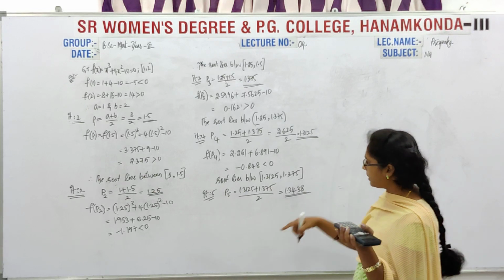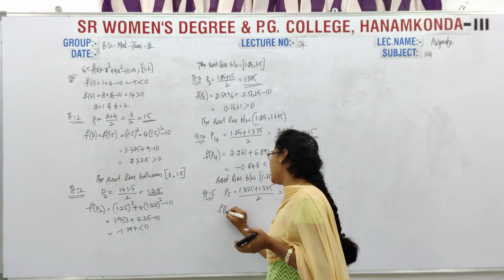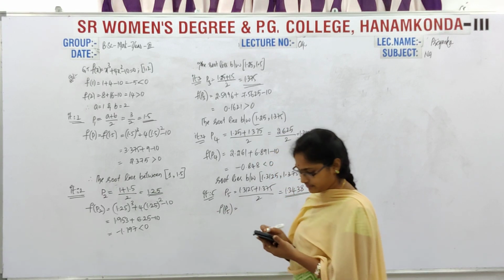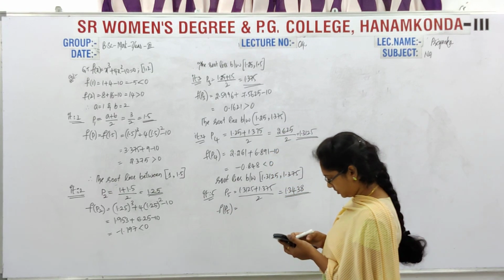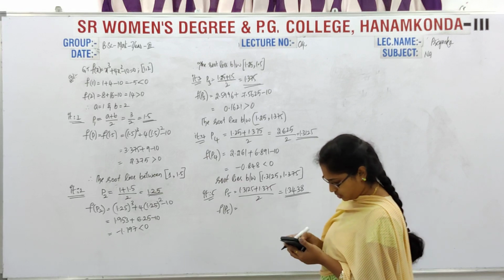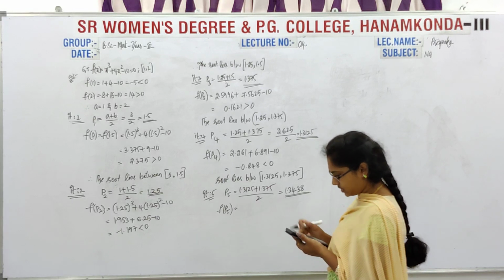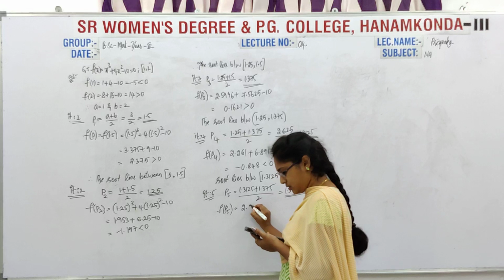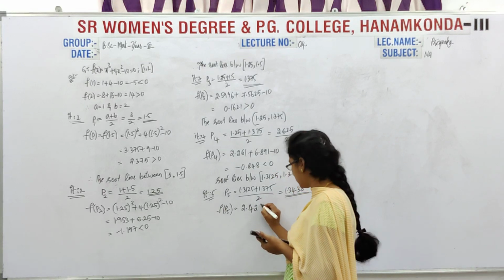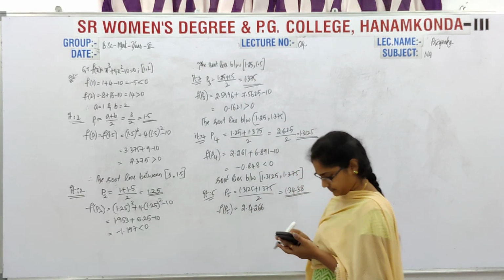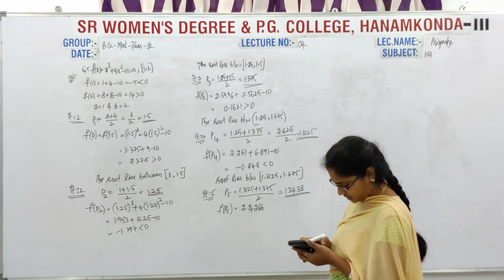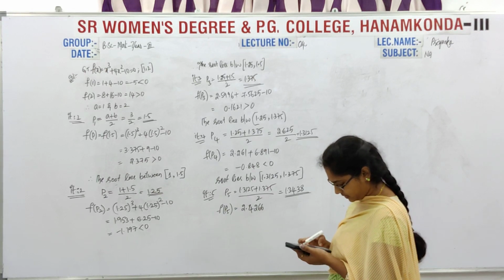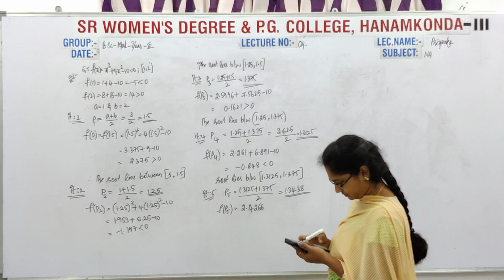So that's why again next procedure, f of P5 equals f of 1.3438 whole power 3, that is 2.4266. Next 1.3438 whole square into 4.